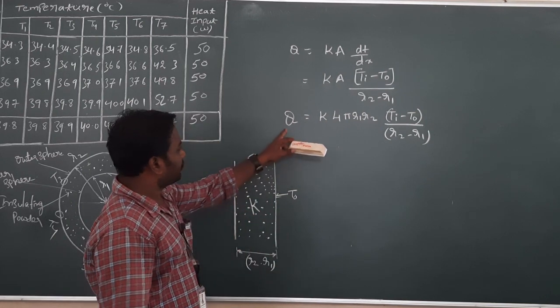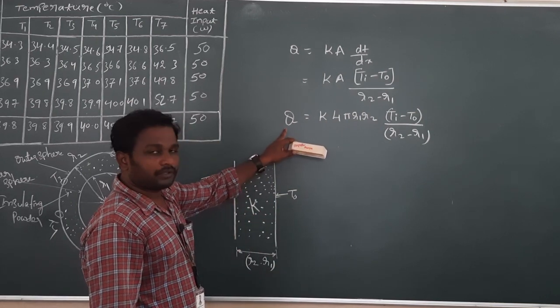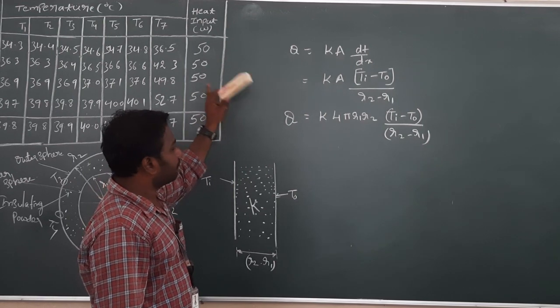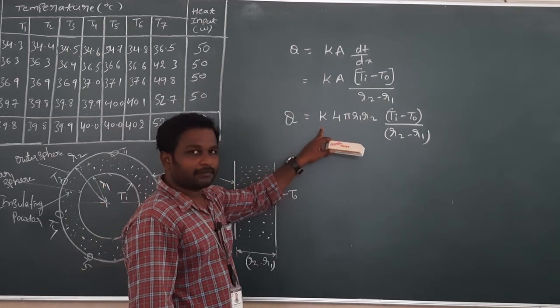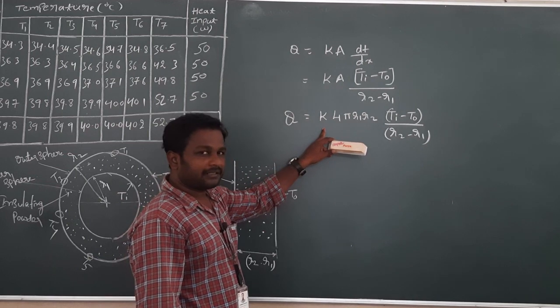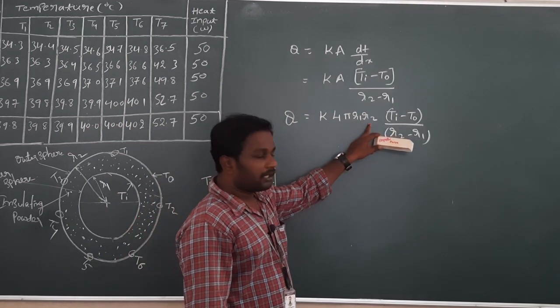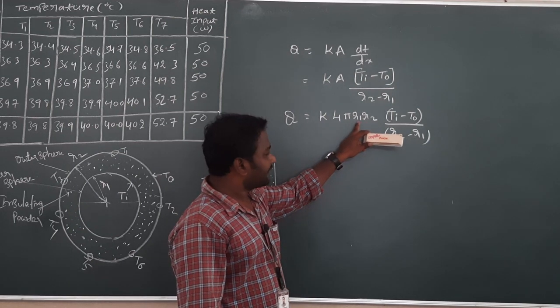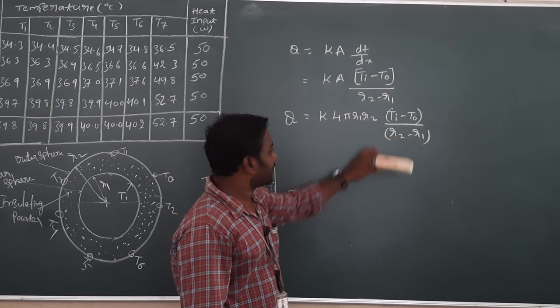In this formula, Q means heat input to the equipment, which directly came from the table, and K means thermal conductivity, which we need to calculate. R1 and R2 are the inside sphere radius and outside sphere radius.